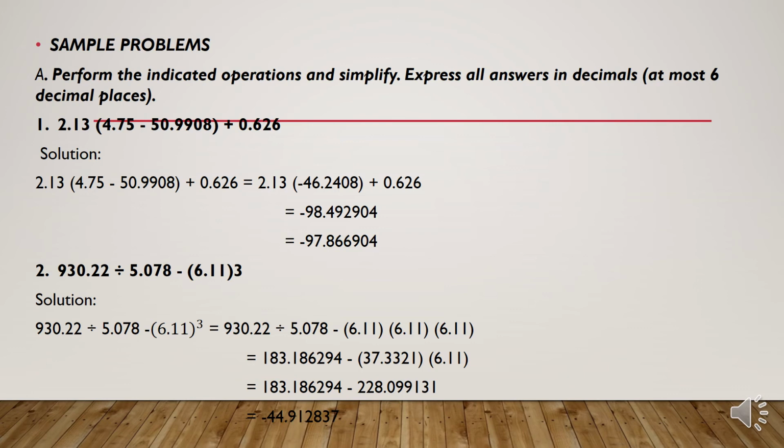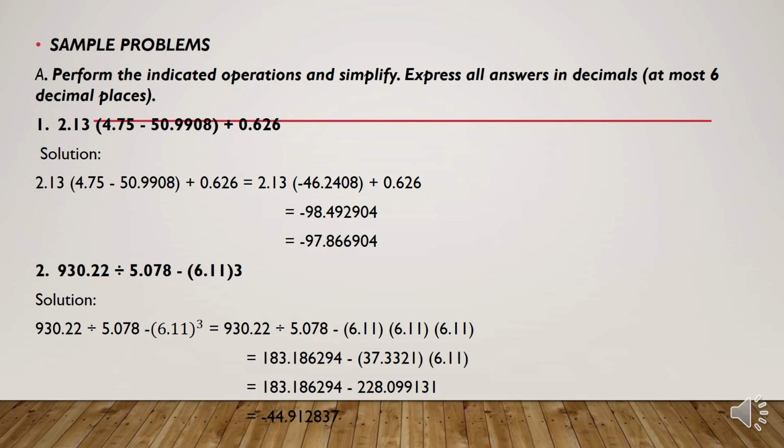After that, we're going to multiply 2.13 by negative 46.2408, and after multiplying, add the 0.626. So the answer will be negative 97.866904.